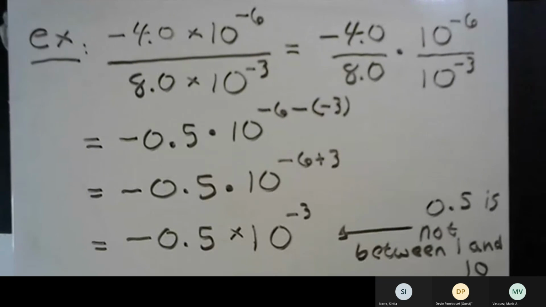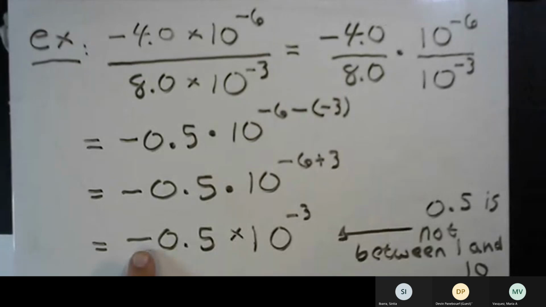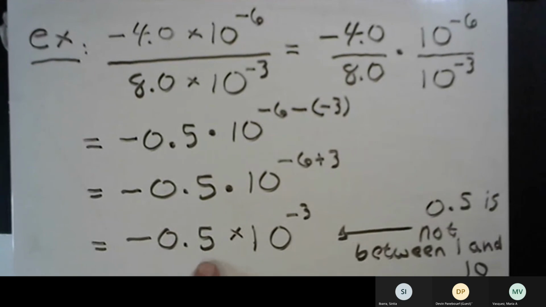We've got that problem again. The negative we're not going to worry about. When we're talking about scientific notation, we're not going to worry about the negative. But the number here, regardless of its sign, it needs to be between 1 and 10. And that one isn't. So we got to fix it.